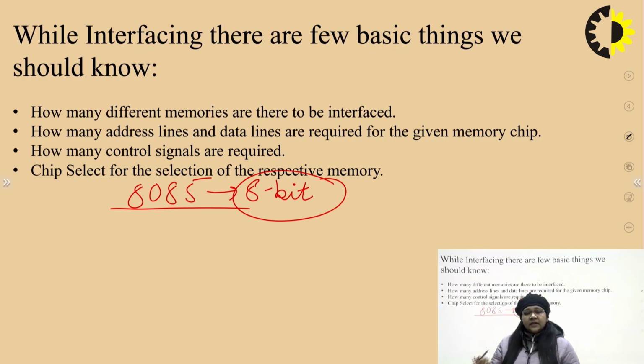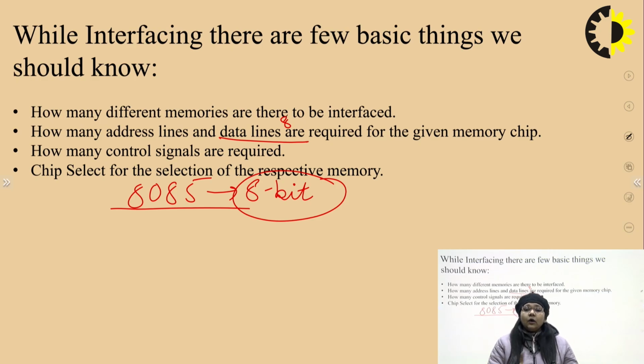So 8 bits, that is why the data bus is of 8 bits. The data lines are fixed for all the memories: for RAM, ROM and any other interfacing, because the 8085 is an 8-bit microprocessor. Clear? So here we have 8 data lines, and how many address lines are required?